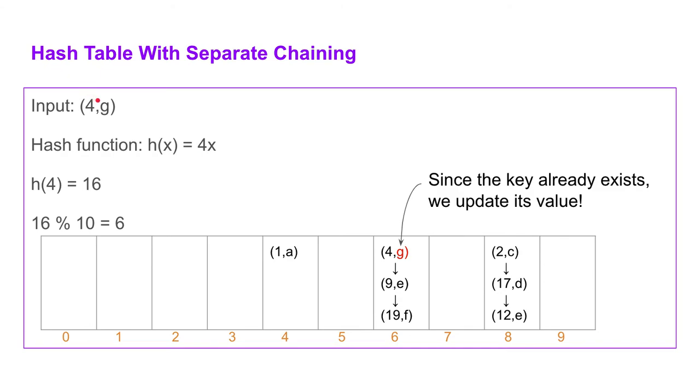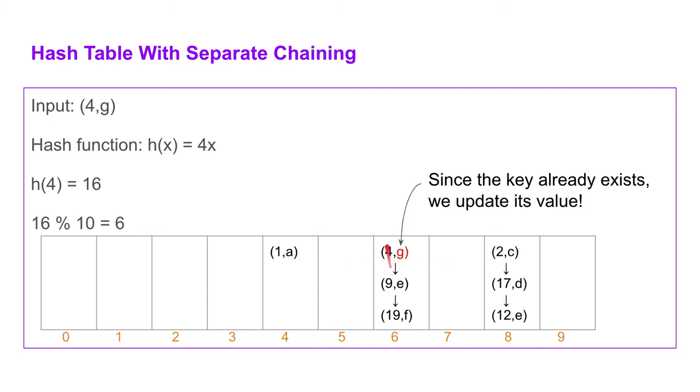What I actually have to do is go to this old key value pair that involved 4 as my key, and I will overwrite, or I guess update's a nicer way to say it, that sounds less aggressive. But I will overwrite or update this value here from its old value to a new value of G. So that's how I handle insertion.